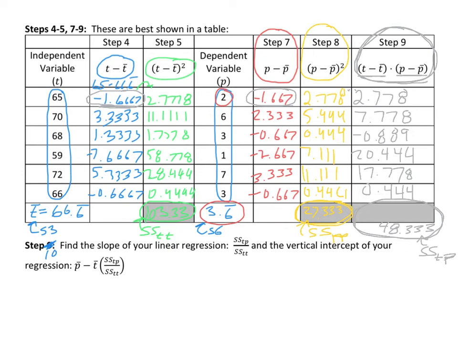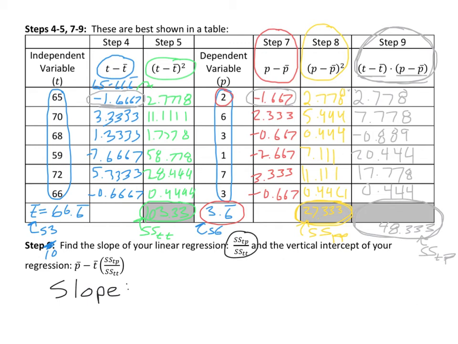All right, so now we're at the final step of finding this linear regression, right? Of finding this best fit line. Okay, so to find my slope, I'm supposed to do this.